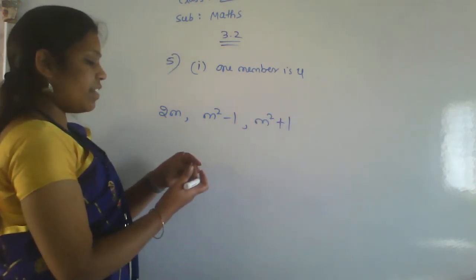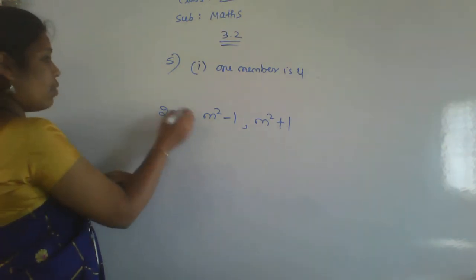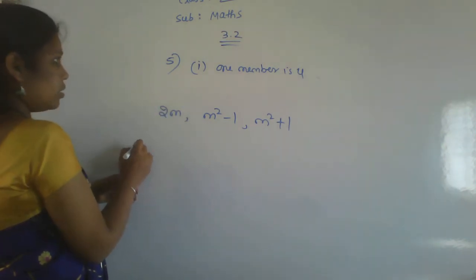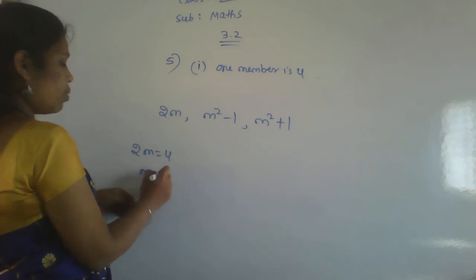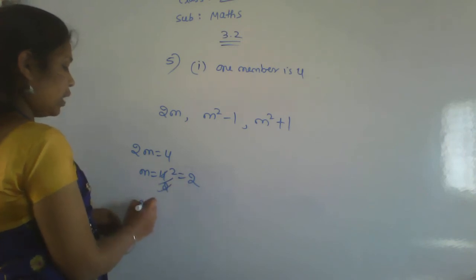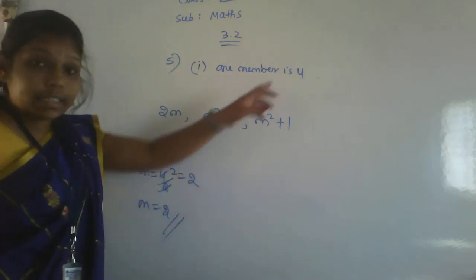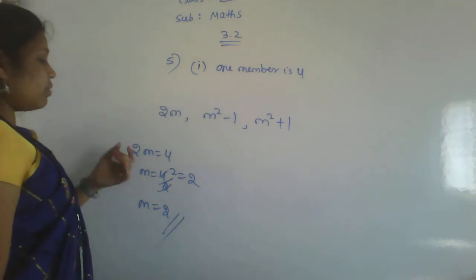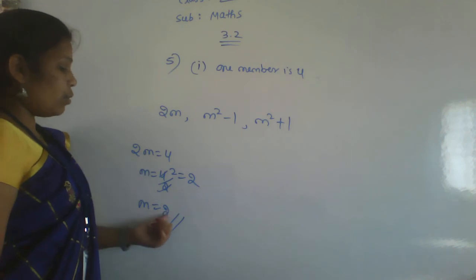They gave one number as 4, which means we have to find the value of m first. 2m is equal to 4, so m is equal to 4 divided by 2, that is 2. Because one number is 4, I equated 2m is equal to 4 and we got m is equal to 2.